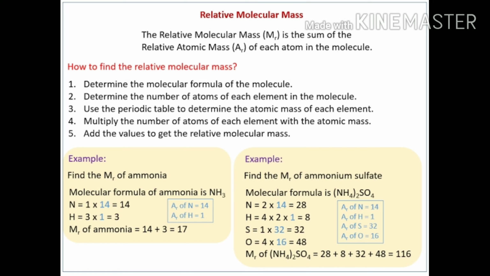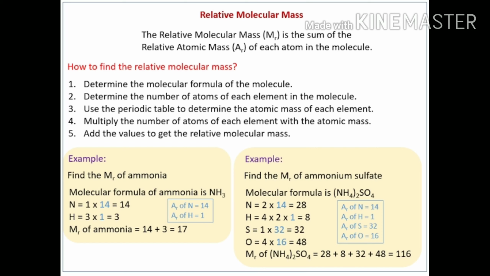For example, H2O: hydrogen 2 atoms, oxygen 1 atom. Then you find the atomic mass of each element, multiply the number of atoms of each element with its atomic mass, then add the values and you get the relative molecular mass.